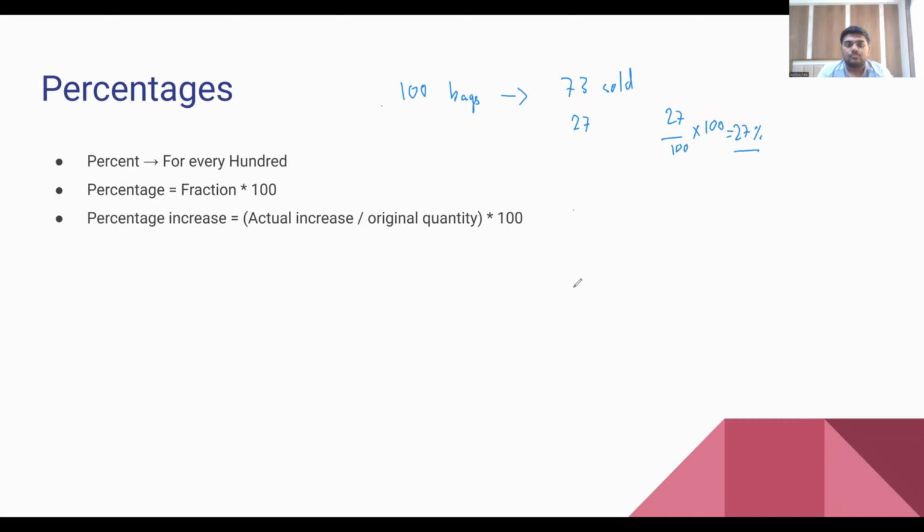So now there is another formula in percentages, which is for percentage increase. For example, let us say I had scored 25 marks in QA today. And in the next test, I am scoring 35 marks. So what is the percentage increase?